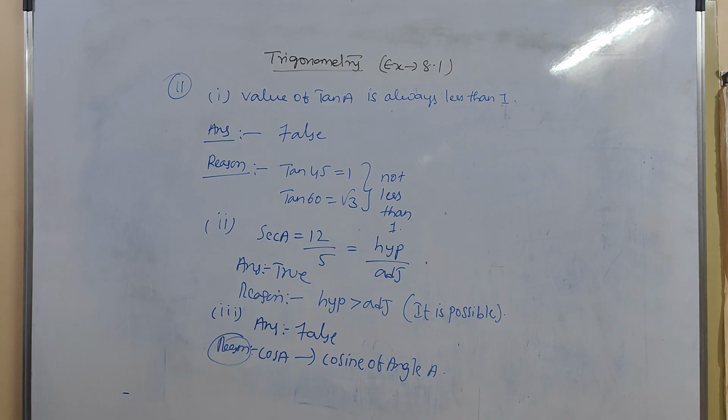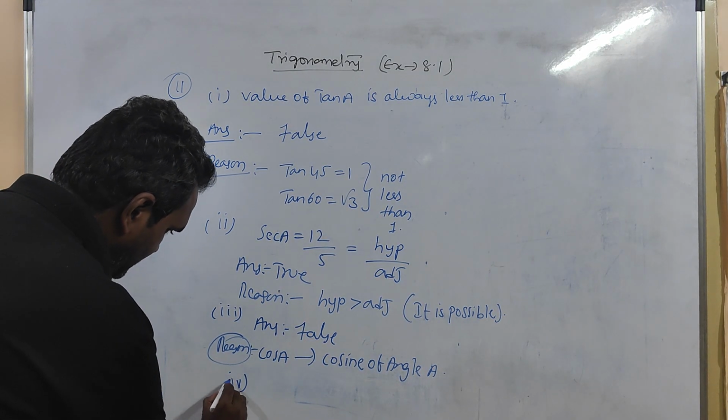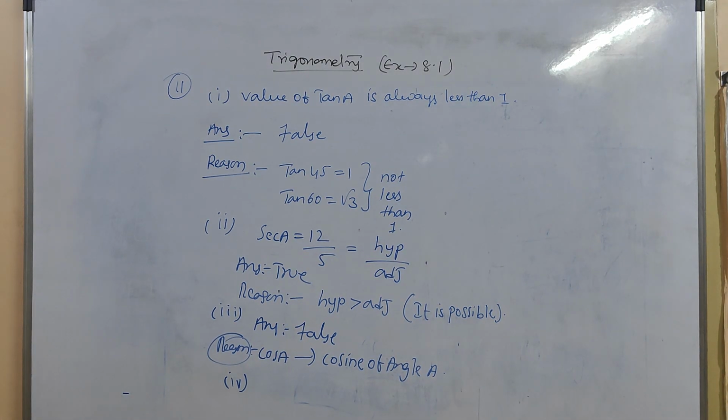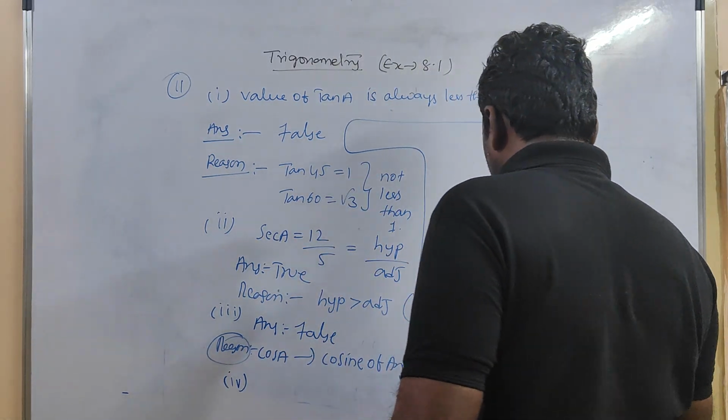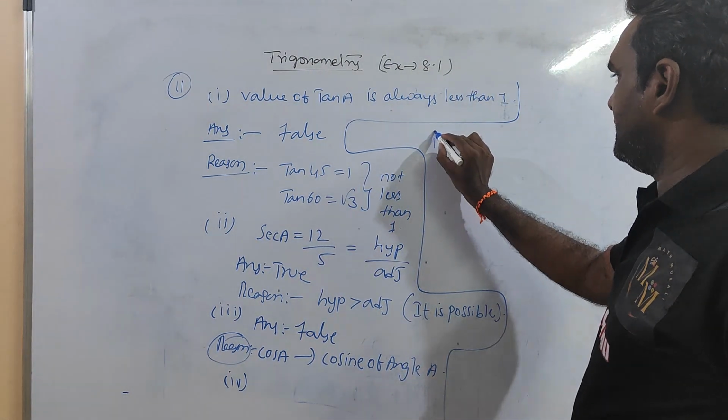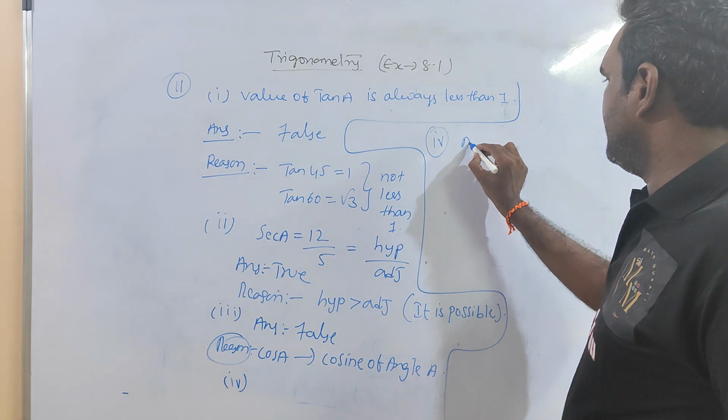And cot A is product of cot and A. Fourth one, you see. Answer is false.